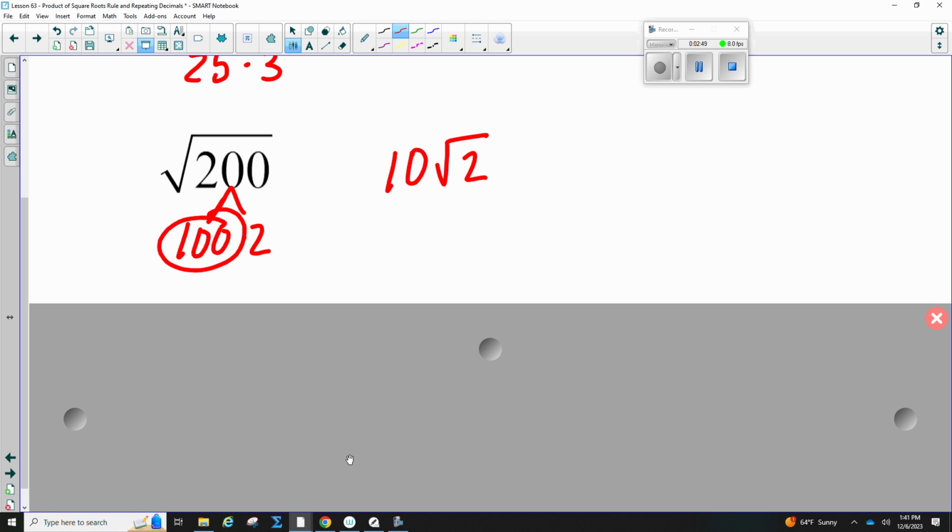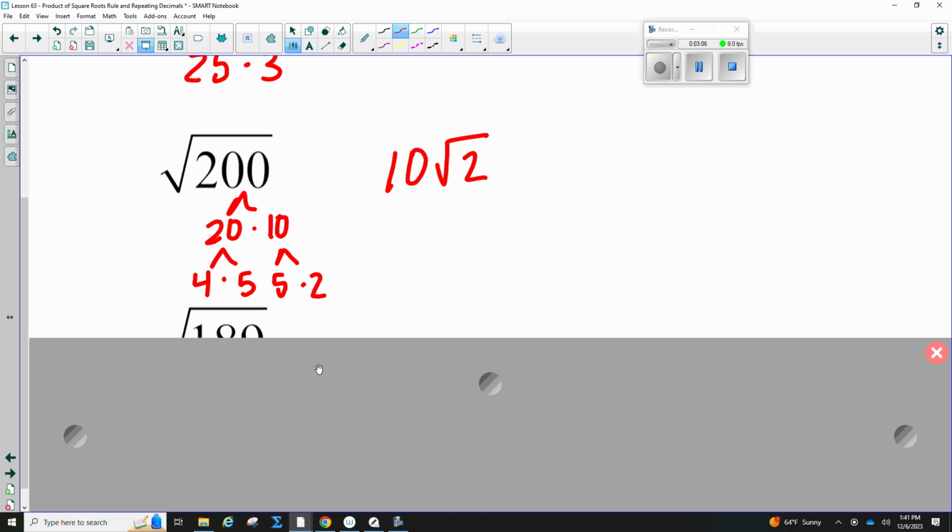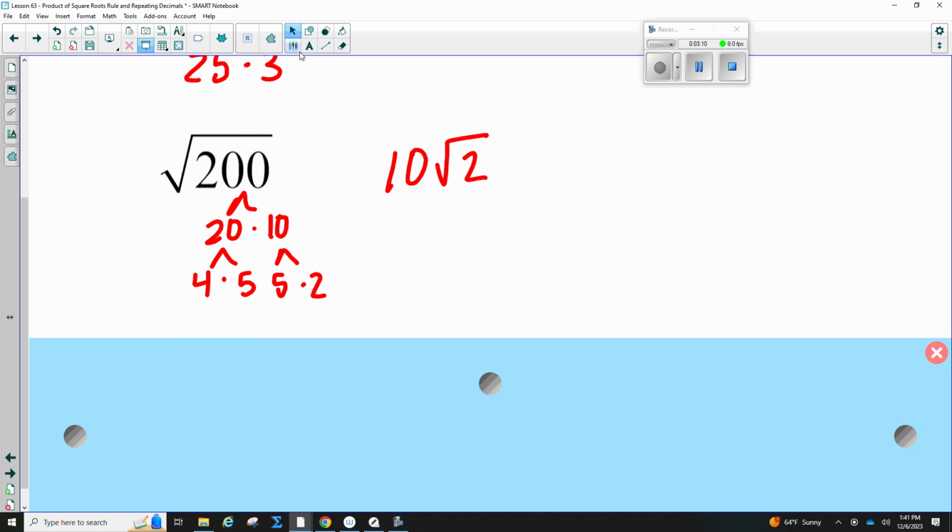But let's say your brain did not come up with 100, and you were like, that's 20 times 10, all right? And then maybe you thought of 20 as 4 times 5 and 10 as 5 times 2. Oh, I ran out of room. And 4 would be 2 times 2, right? And then I could just carry down the 5 and the 5 and the 2, okay?